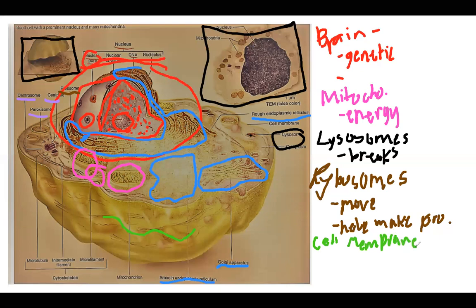This is what lets material come both in and out of the cell, like make food come inside the cell, and makes waste get released out of the cell. So it's kind of the gates and walls of the cell. That's the cell membrane.